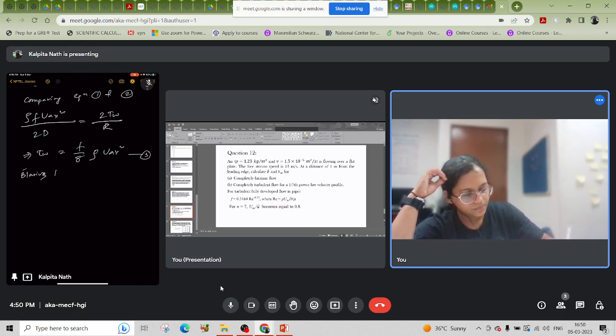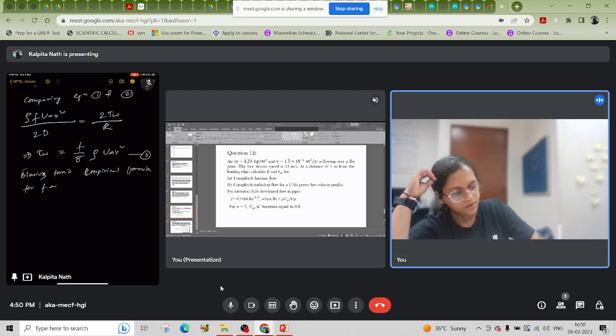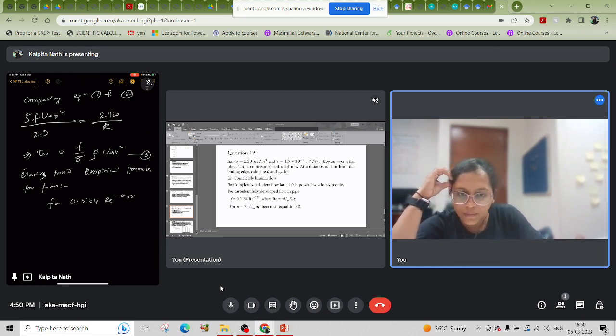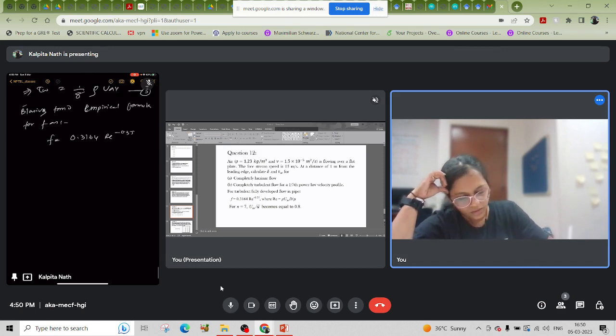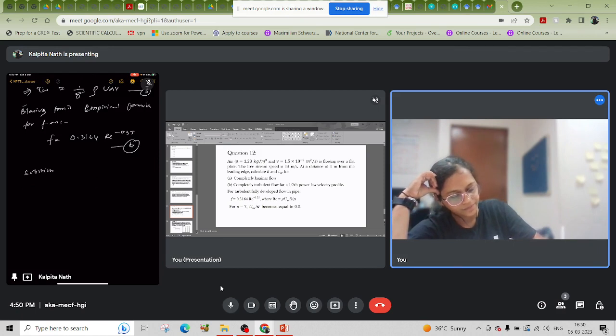Blasius found an empirical formula for f as f is equal to 0.3164 Reynolds number to the power minus 0.25. These have already been provided in the question. Okay, so this is equation number 4. Now substituting 4 in equation 3.